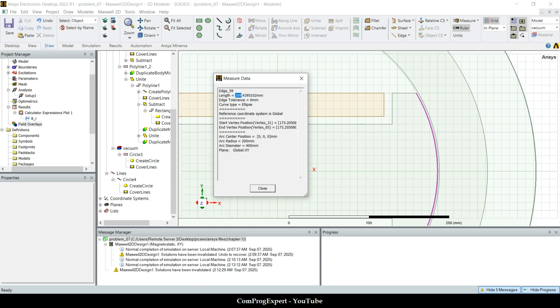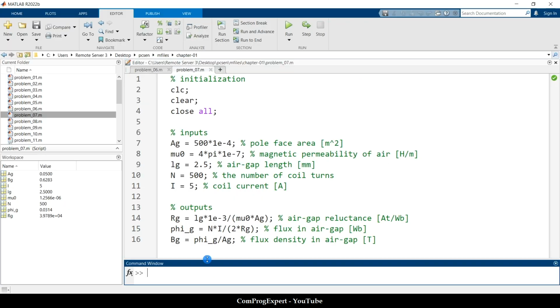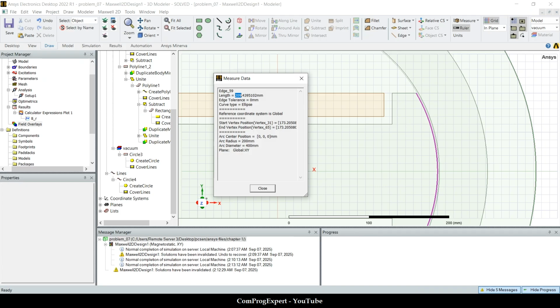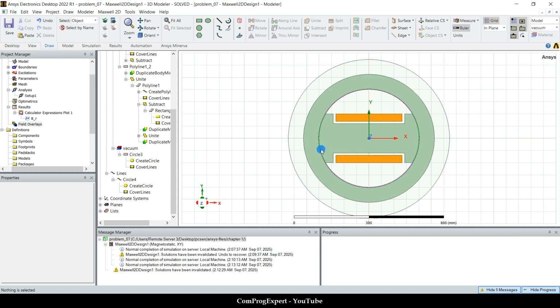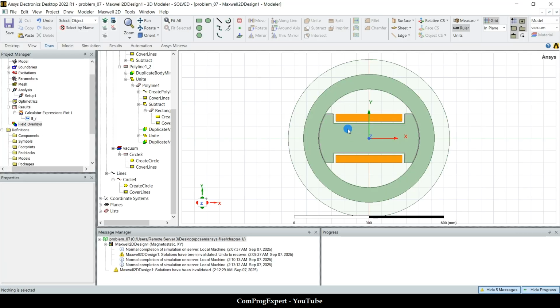If we are going to get this area of the gap, that is 500, how much is the depth of the problem? It is 500 divided by 21. The depth of the problem is 23.8. So if we are going to get the same pole face area, this is the depth of the problem in this case. We can modify it.